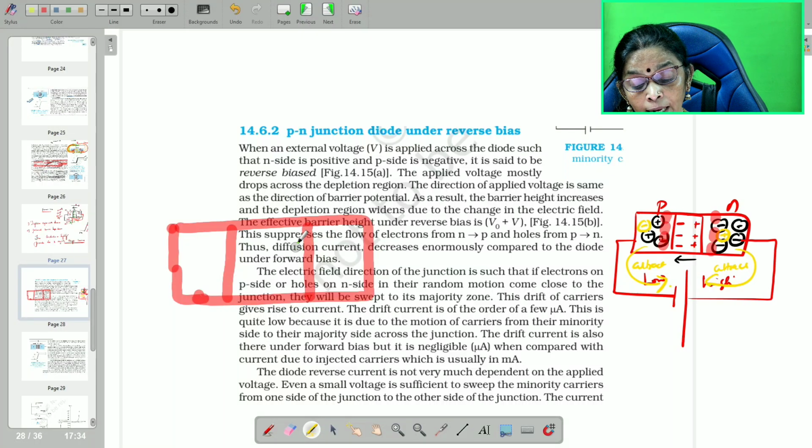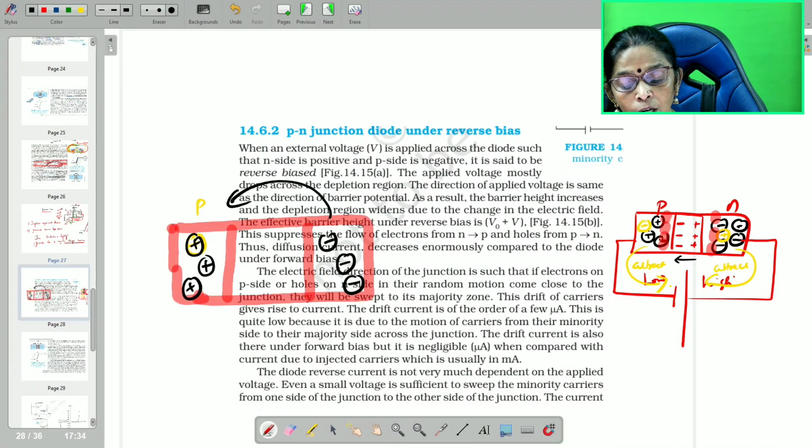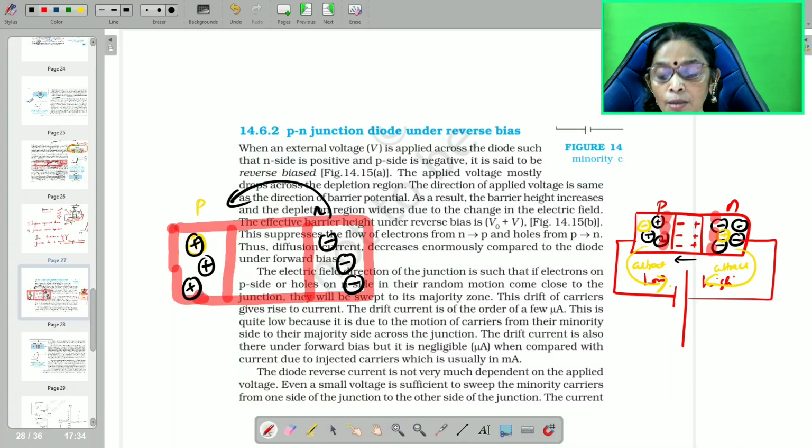If it is still more increasing, is there any possibility for the charges present in the P side or the N side to cross the junction? No chance. There is no possibility for charges to cross the junction.